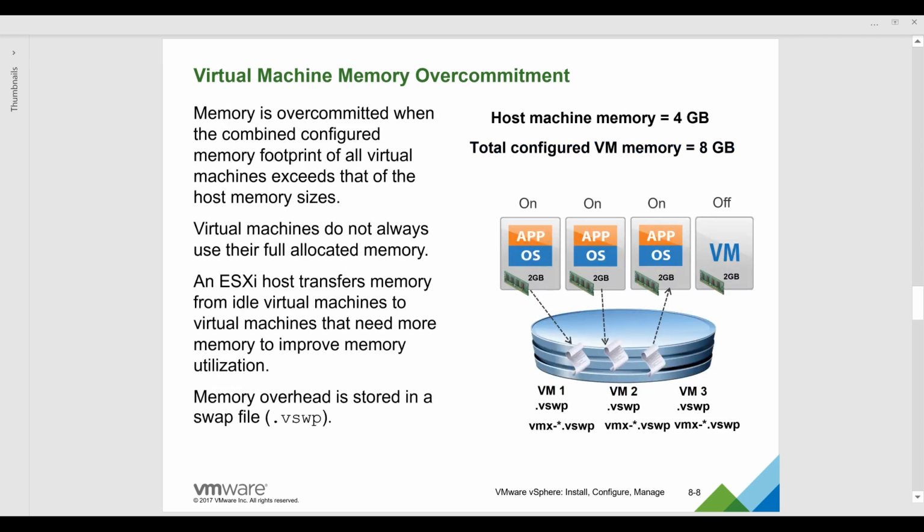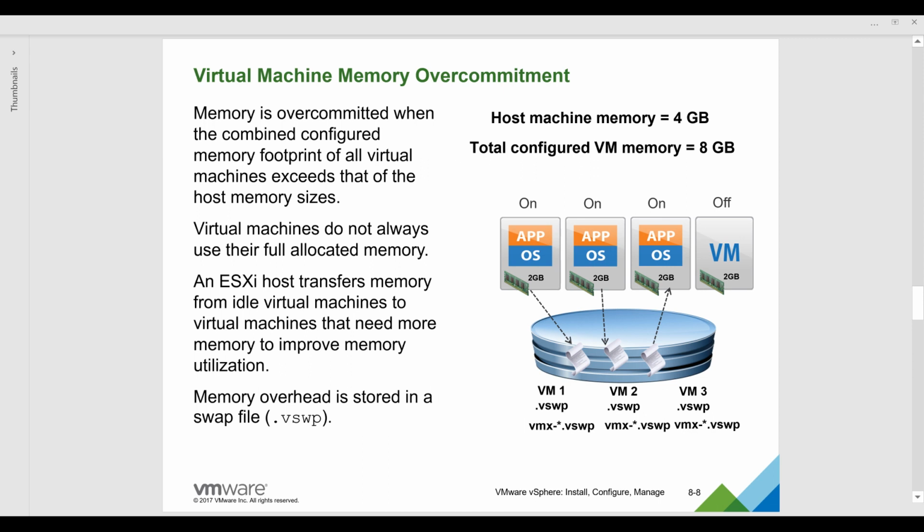Now, memory overcommitment. When you create a virtual machine, it'll create a swap file, a .vswp file. Let's say we have 2 gigs of RAM in a machine, but applications start using more than 2 gig. It'll actually overcommit that and it'll swap it out.